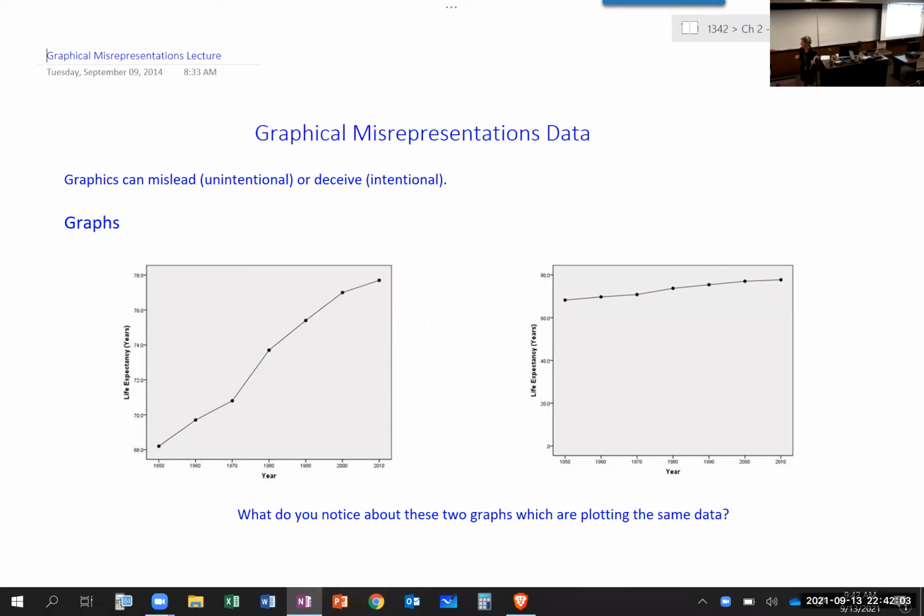That age range was increasing, but if we're looking at the overall picture, when you don't start your scale at 0, it's harder for us to interpret and make a judgment based on that.